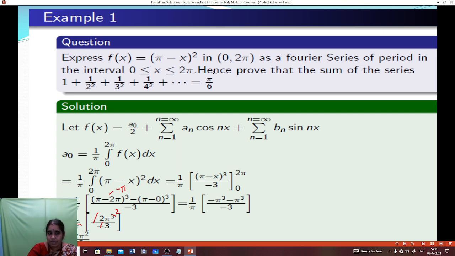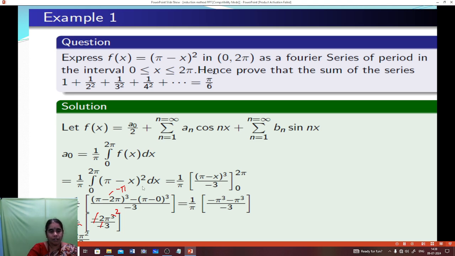Next, our aim is to integrate this function (π minus x) the whole squared with respect to x and to apply the limits. On integrating this, we just get (π minus x) the whole power 3 by minus 3, by using the formula of integral of x power n equals x power n plus 1 by n plus 1.